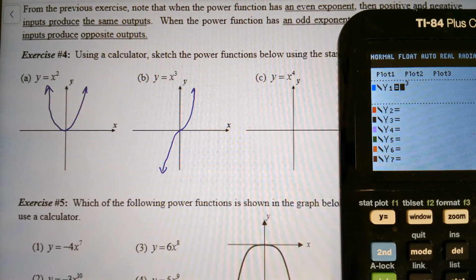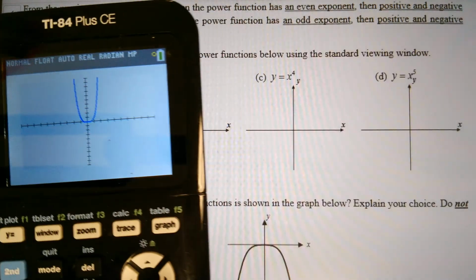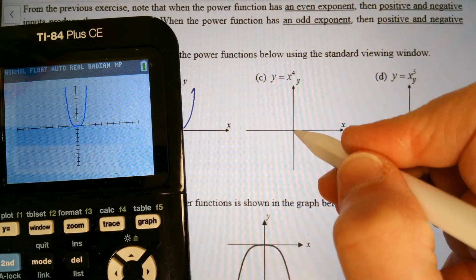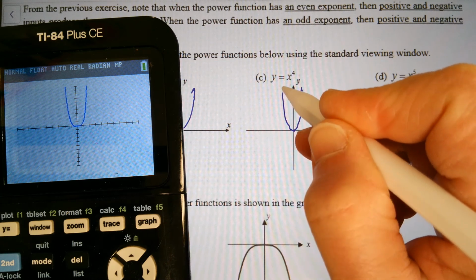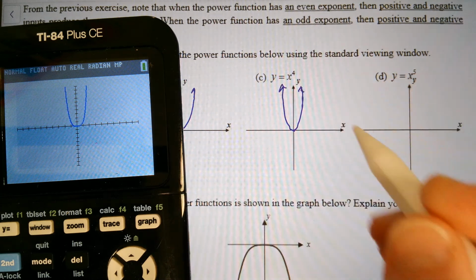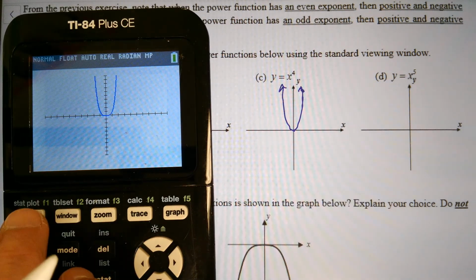To the power of 4. Looks like a tighter x squared. And then to the power of 5.